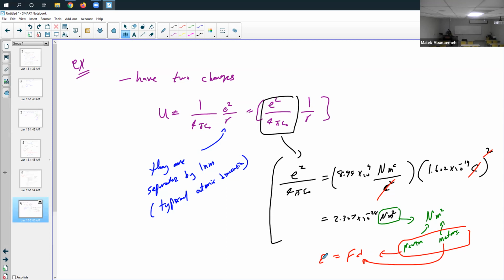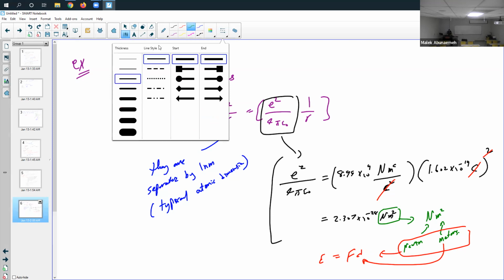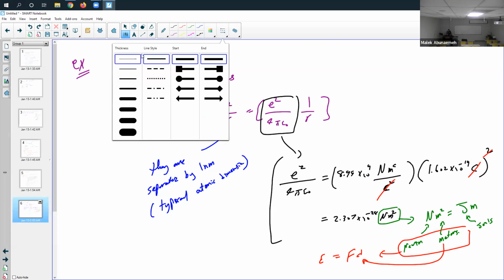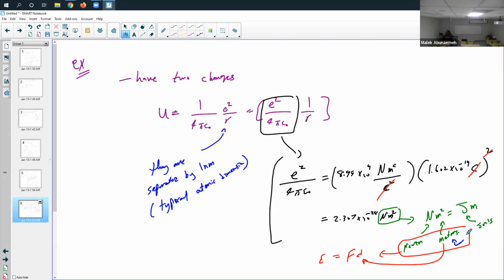Technically, your newton meter squared is going to be equal to your joules multiplied by your meters.